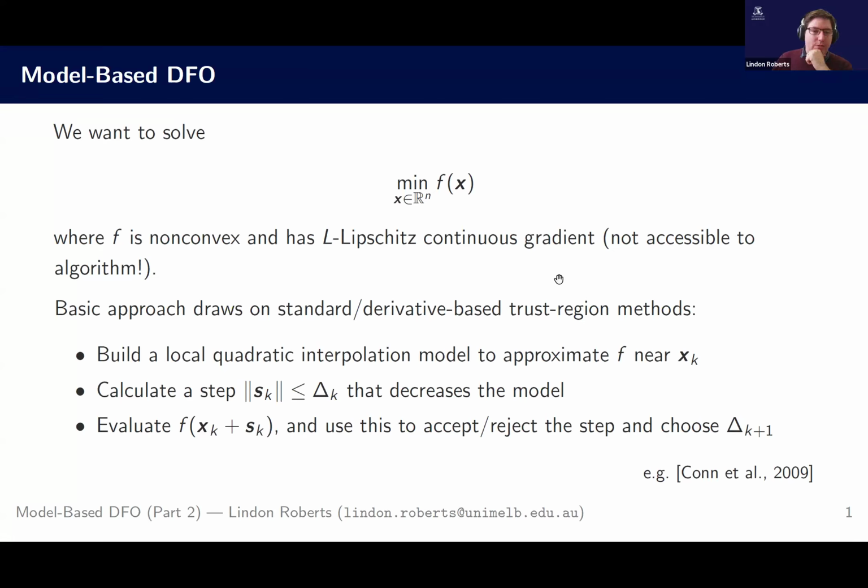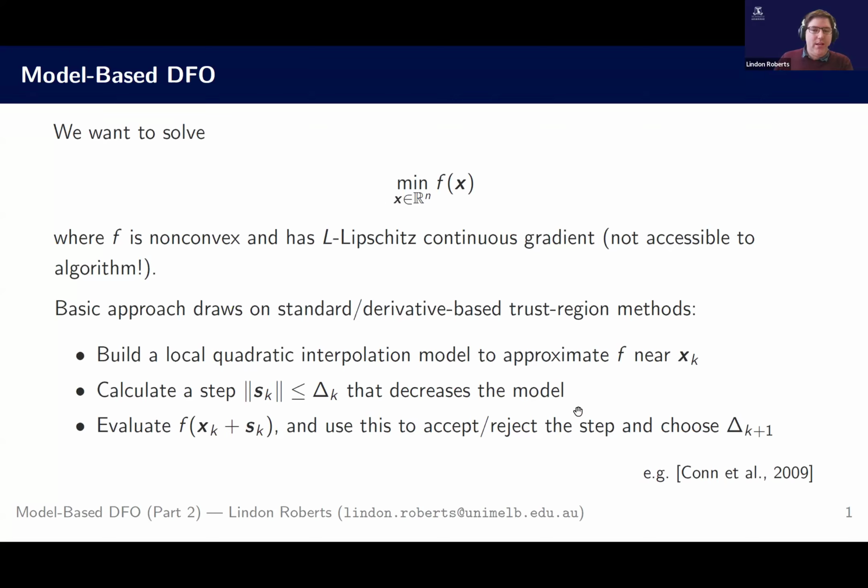The basic flavor was that at every iteration, near our current iterate x_k, we sample some values of our function and use that to build probably a quadratic model that interpolates the value of f at those points, which we expect to be a good approximation to f at least locally. Given that it's local, we calculate a step that decreases our model, but the step is constrained to not go too far from where we are now, reflecting the fact that the model is only expected to be accurate in some radius delta_k.